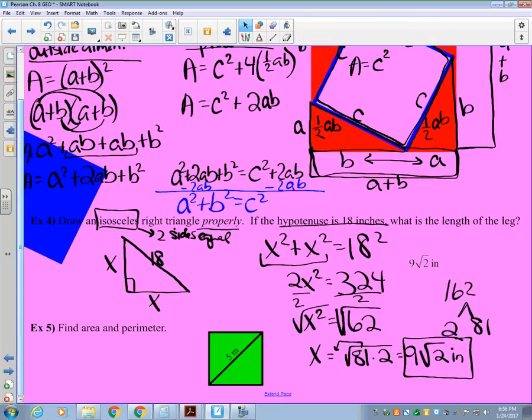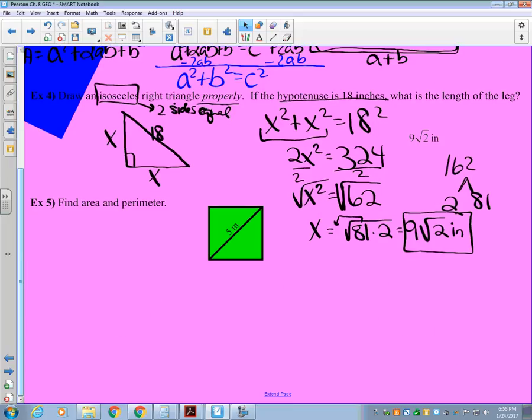Okay. Example 5. If we have a square whose diagonal is 5, what is the area and perimeter? So if I have, this is a square, so we've got x here and x here. It's a right angle. See?